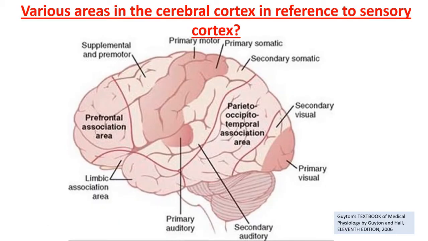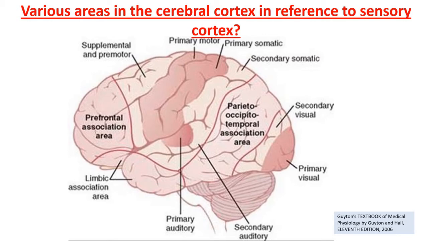Now I am just showing the picture of the brain, where you see the primary somatic area. That is the central sulcus there. In front of the central sulcus, anterior is the primary motor area and posterior is the primary somatic area.